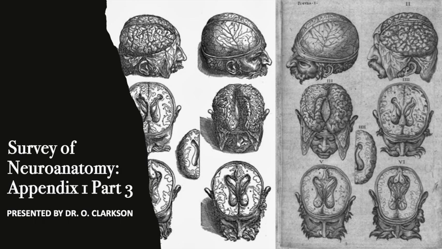So myelencephalon, medulla. That's great. What about metencephalon? Yeah, pons and cerebellum. So that's good. So know your embryonic derivatives, okay? That's good stuff.